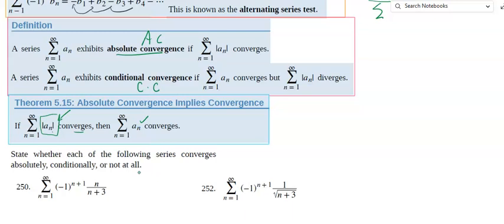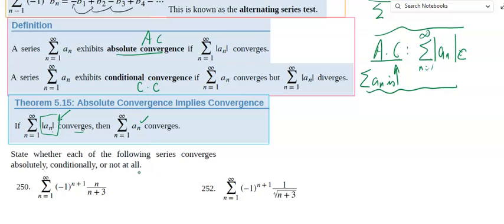A series is absolutely convergent if the series of the absolute value of a sub n converges. If that converges, then we say the series of a sub n is absolutely convergent. So given a series, slap an absolute value on it. If that converges, then we say this series is absolutely convergent. We're done.